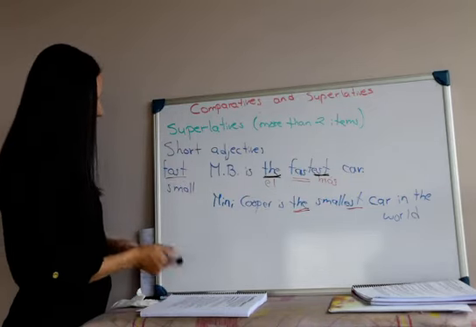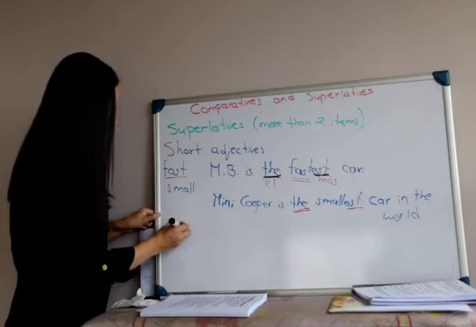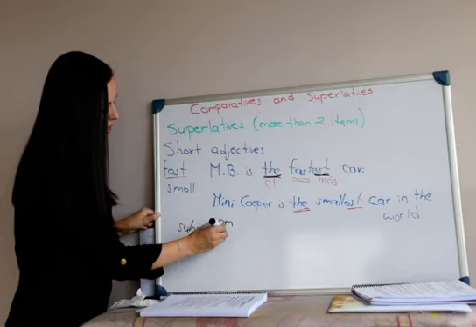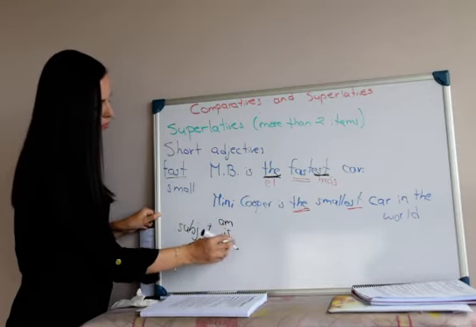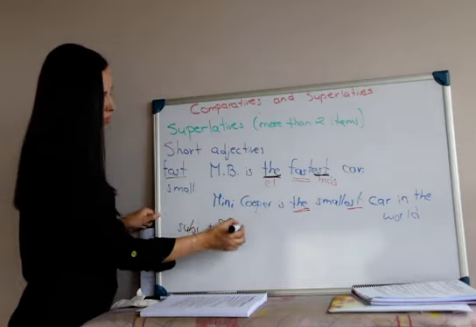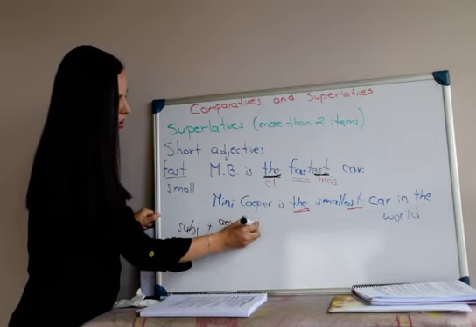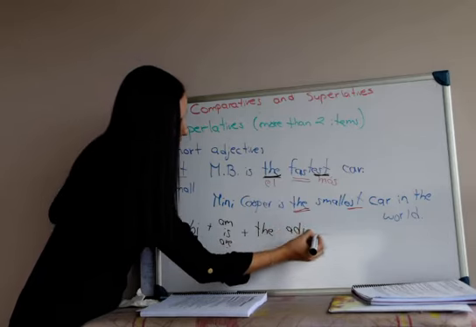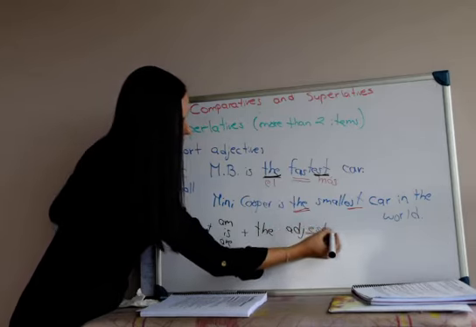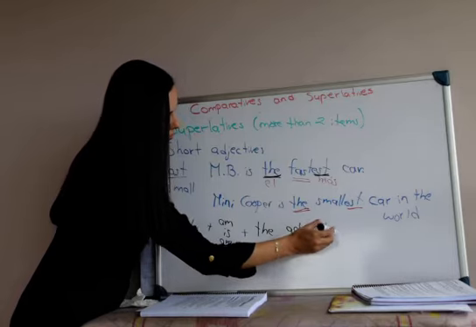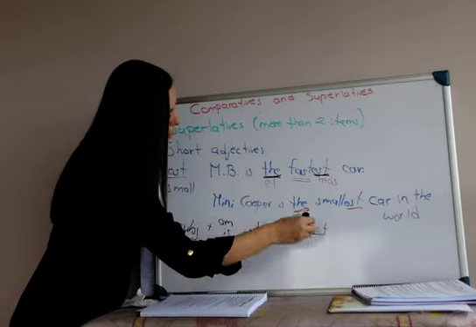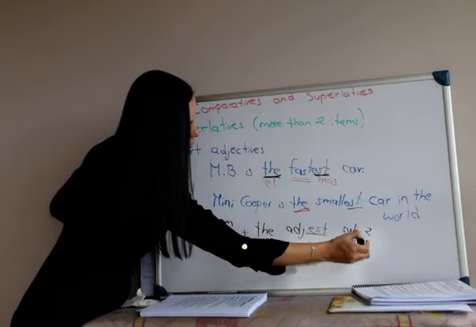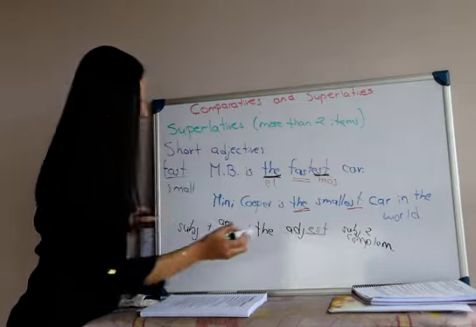So the structure for superlatives is subject plus verb to be, the, that corresponds to the noun, adjective with est, and in this case we have a complement or subject number two, depending on what we are saying.